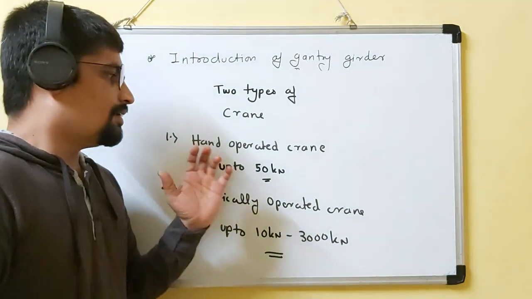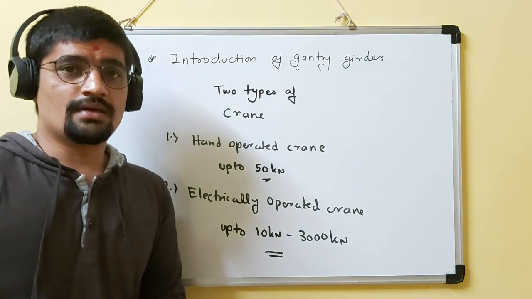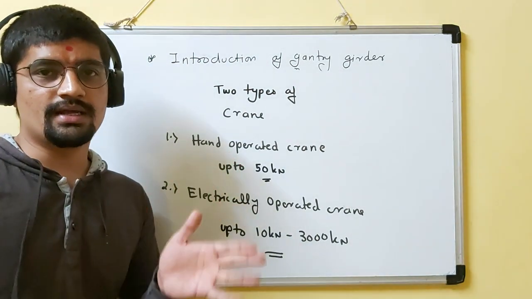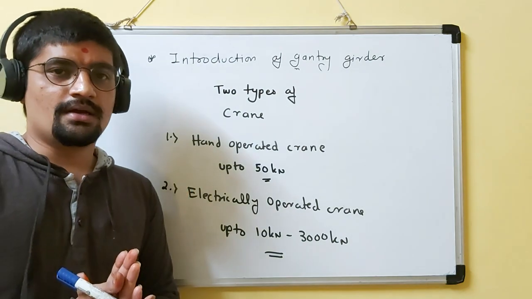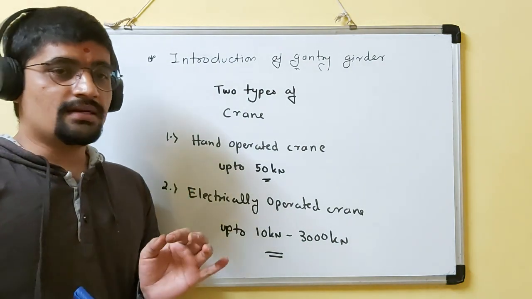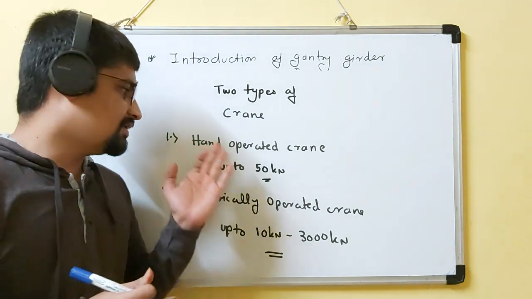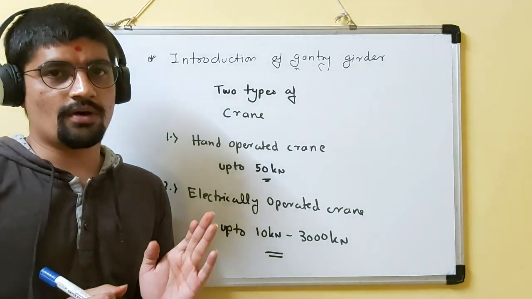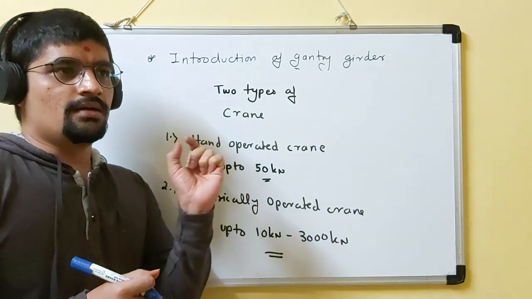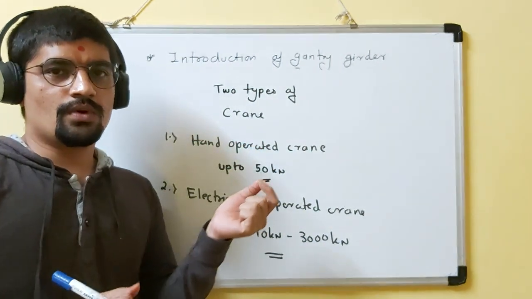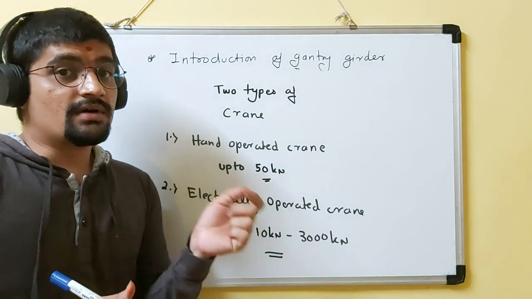Now, in a question, it will be given whether it is hand operated or electrically operated. But if it is not given, how do we assume whether it is hand operated or electrically operated? For that, we have to know the weight given in the question.